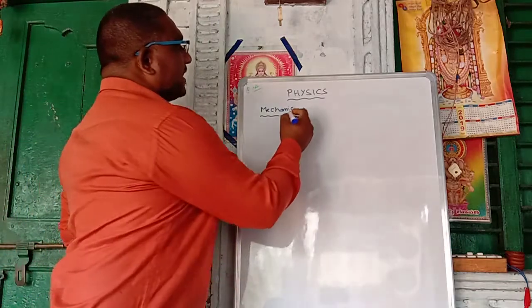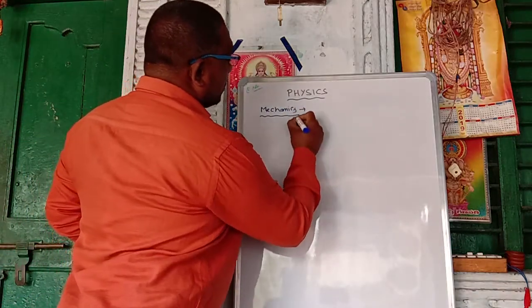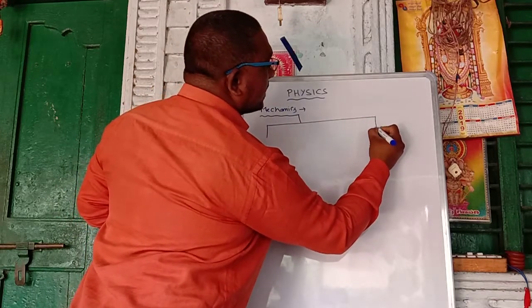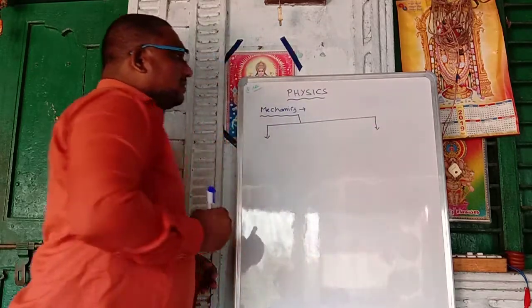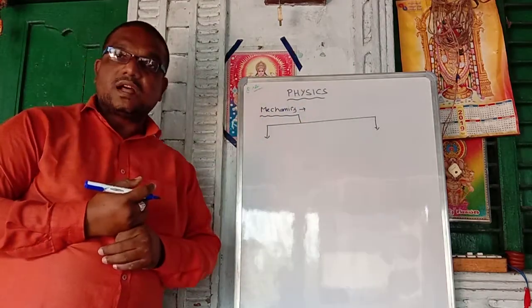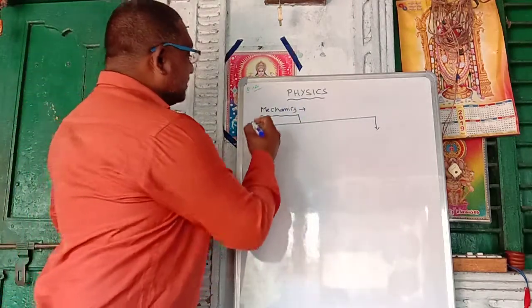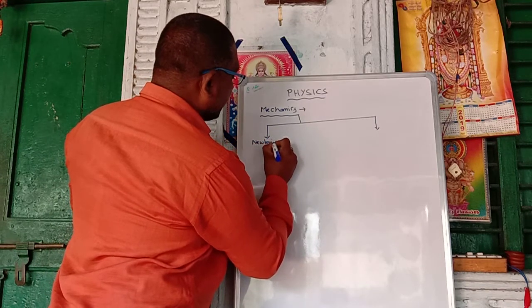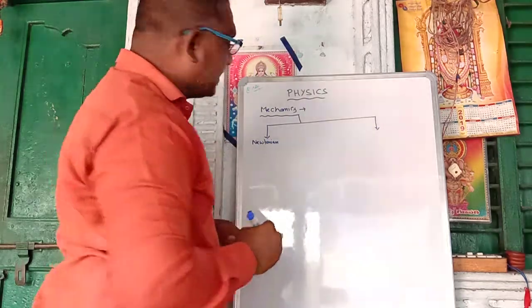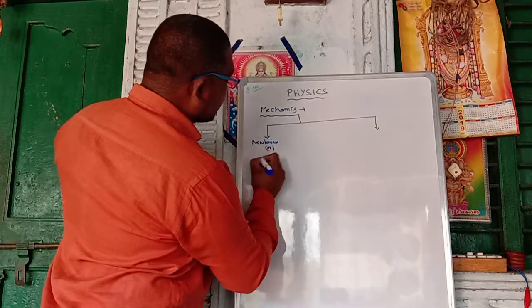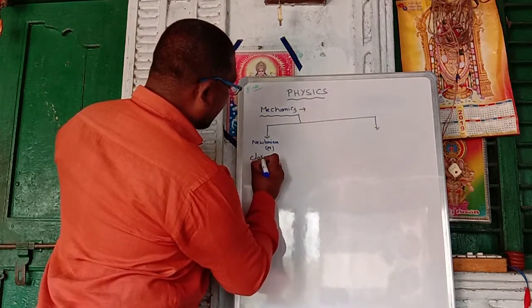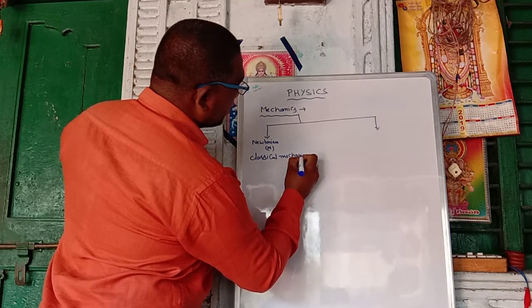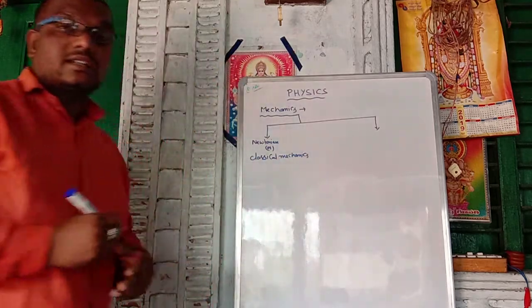Mechanics is classified into two categories. What are the two important branches in mechanics? The first one is Newtonian mechanics, which is also called classical mechanics.